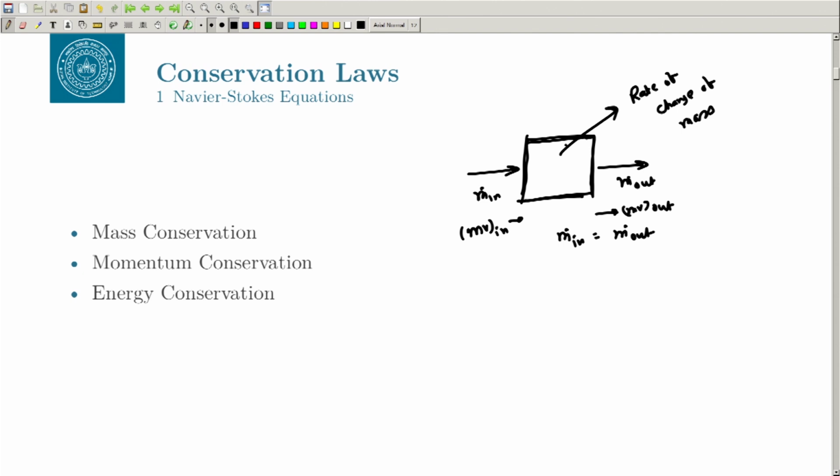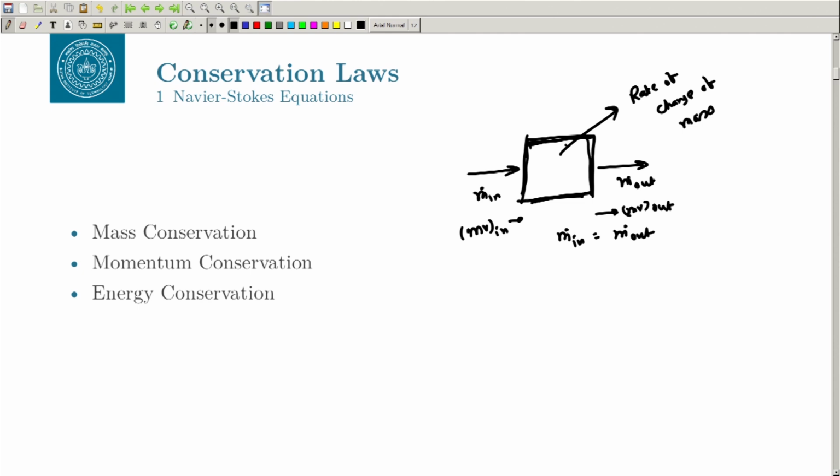But borrowing the idea that we have for derivation of any conservation equation, if this is a boundary and this is the volume, from the boundaries the fluxes can get in and then get out, and then you can have some source term, some forces which are acting on the body. You have to balance all these to make sure that whatever change is happening in any quantity, whether it is mass, momentum or energy, is taken care of by the forces supplied.